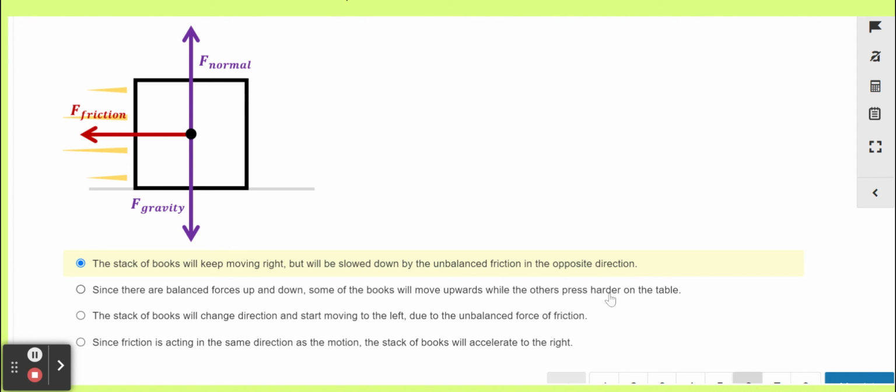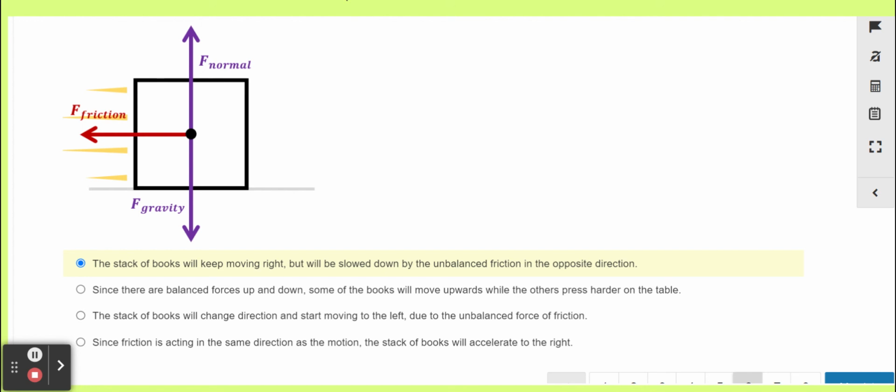Let's just check the other answers to see if they sound good. Since friction is acting in the same direction as the motion? No, that would be weird. If you had something rubbing up against the surface and it caused it to go faster in the direction it was already moving, that would be kind of odd. Stack of books will change direction. Well, maybe if you had an applied force on the other side, but no, friction only opposes the motion.